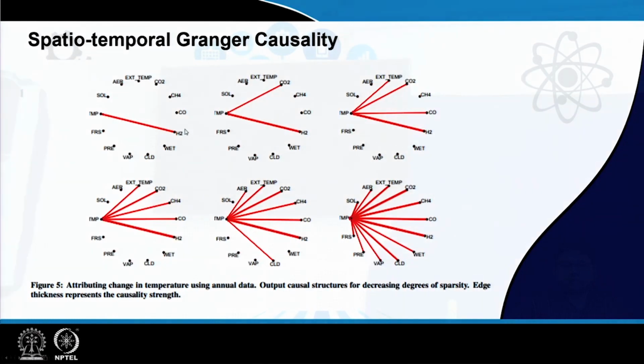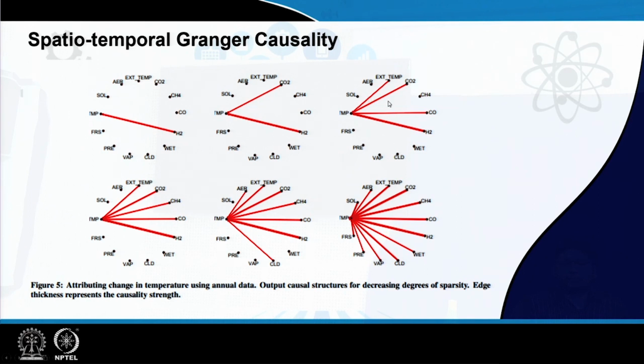Here, as you can see, when the sparsity is very high, there is only one edge in the network, which shows that H2, the hydrogen concentration, seems to be the strongest driver of the temperature. If we relax it a little bit, then CO2 becomes the next largest driver.